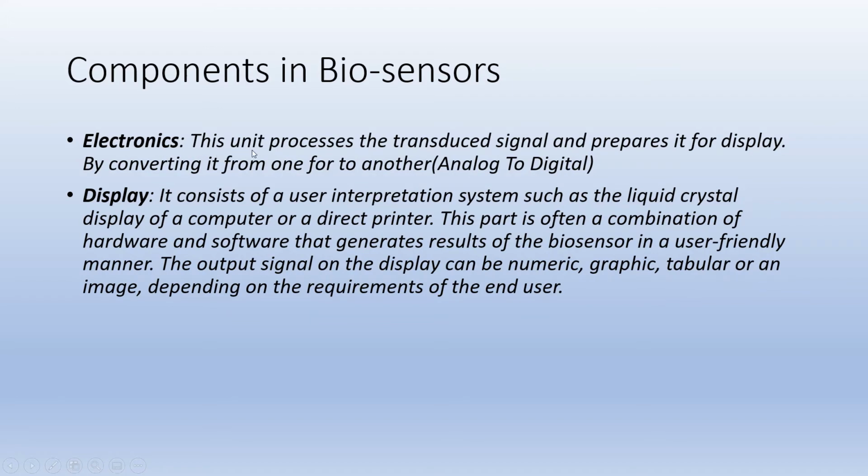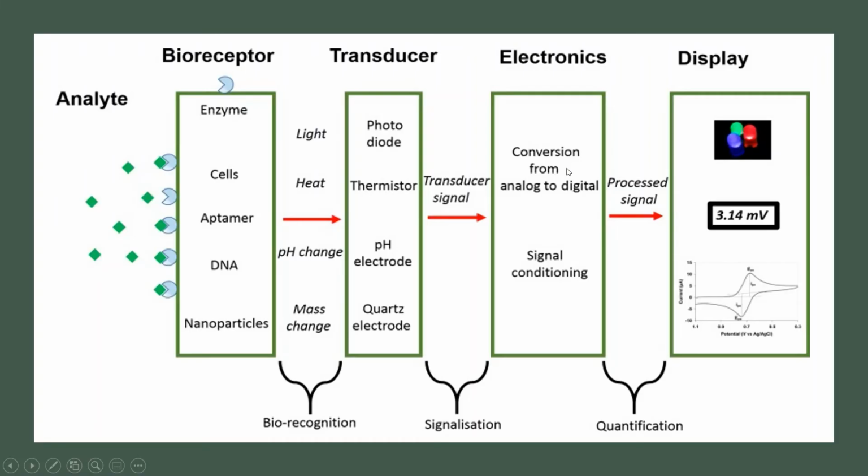Electronics are the units that process the transducer signal and prepare it for display by converting it from one form to another form, that is analog to digital. That is, let us think that here the cells are changed. Here bioreceptor's output might be a heat. The heat was gradually increasing. That is, the thermistor readings would also gradually increase.